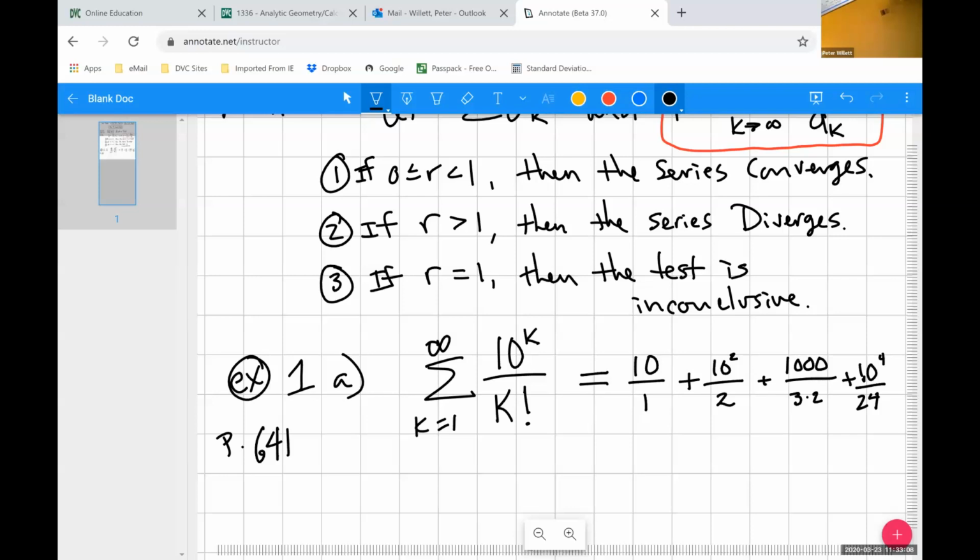The k factorials, when you allow k to go to infinity, exceed exponential growth. Factorials grow much, much faster. And you can go back to the growth rate discussion to see this coming a little bit.